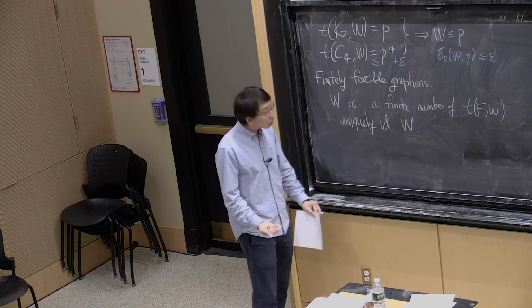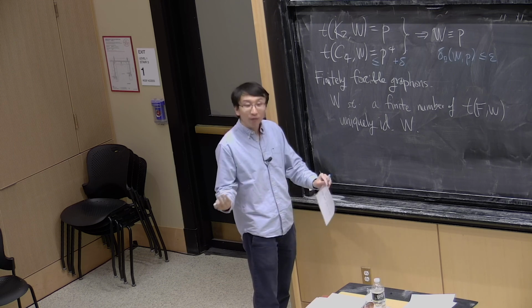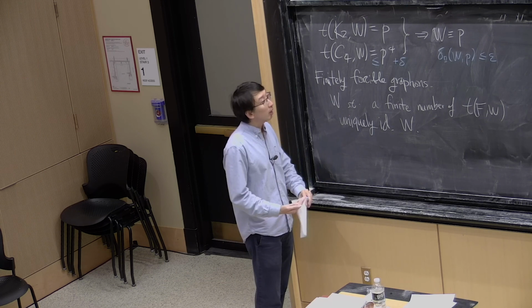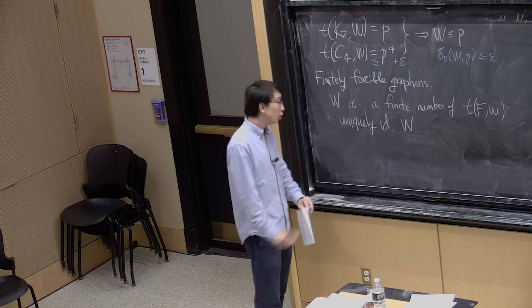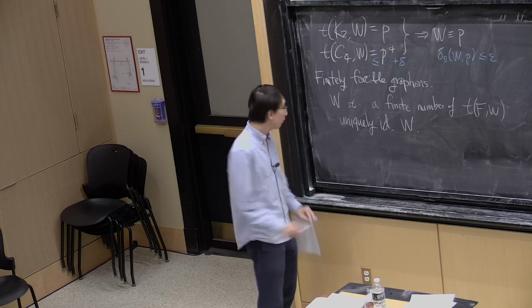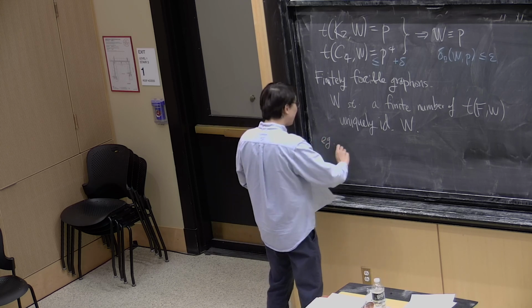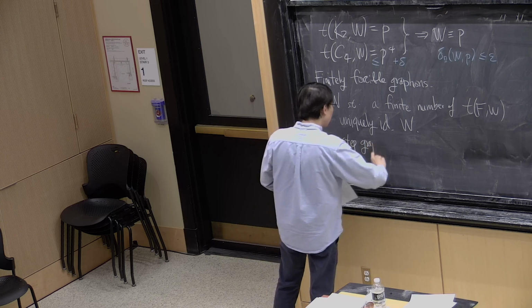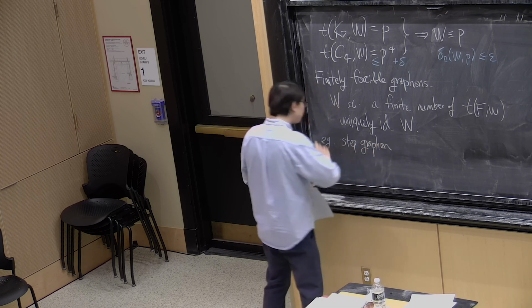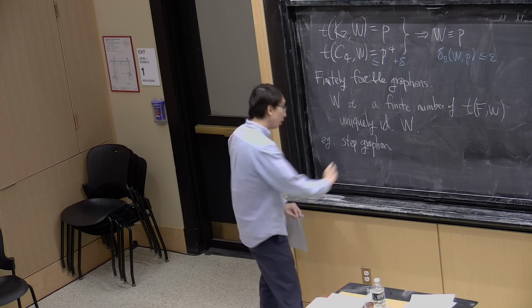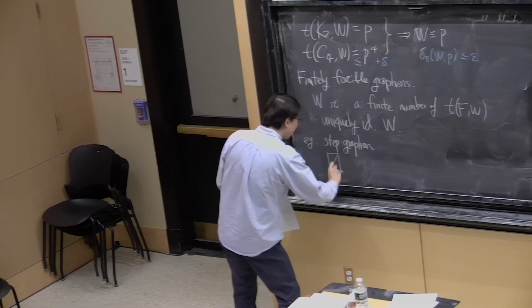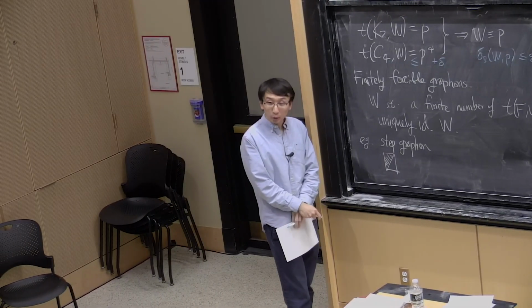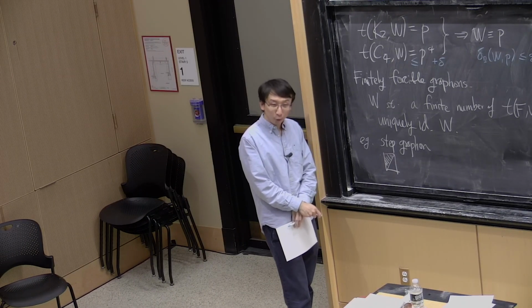A very interesting question is, what is the set of all finitely forcible graphons? It turns out this is not at all obvious. Let me just give you some highly non-trivial examples that turn out to be finitely forcible. For example, anything which is a step graphon is finitely forcible. The half graphon, which corresponds to the limit of a sequence of half graphs, is finitely forcible.